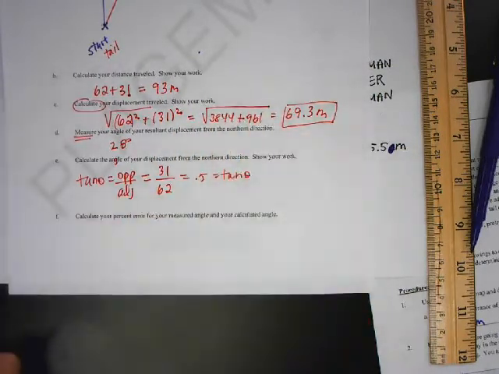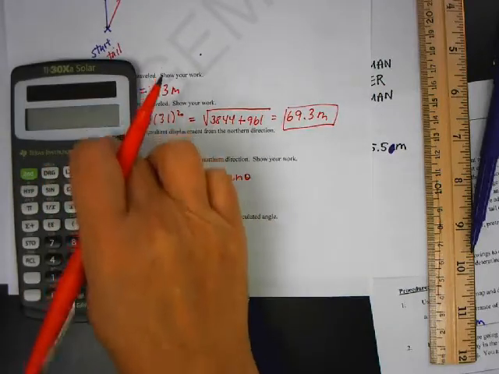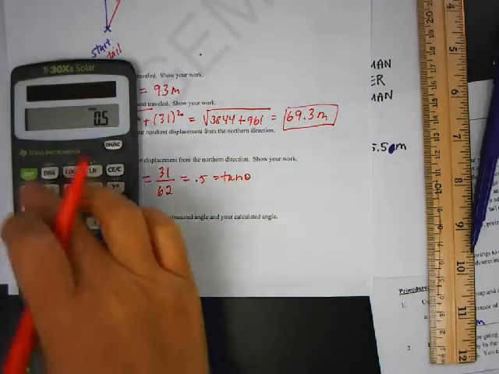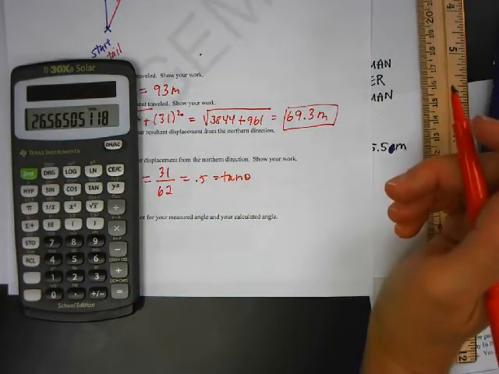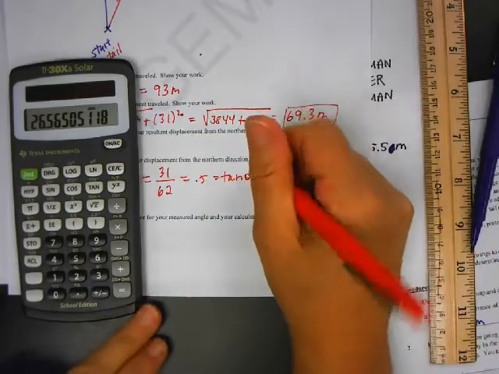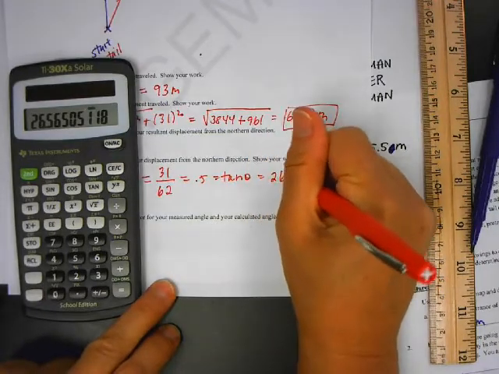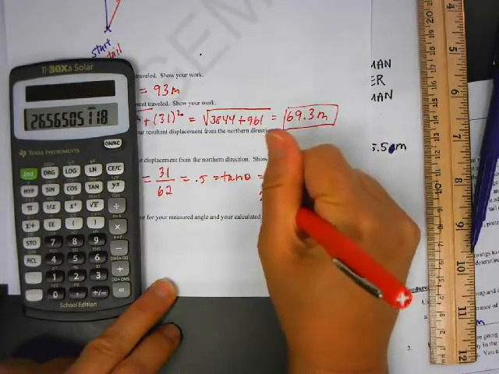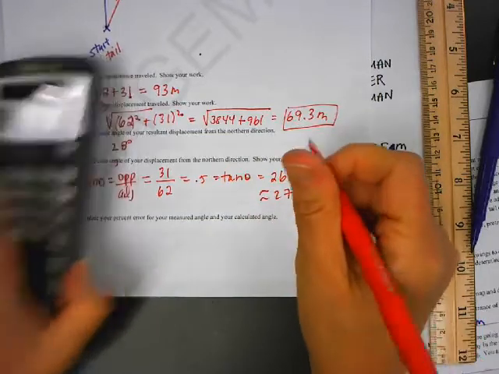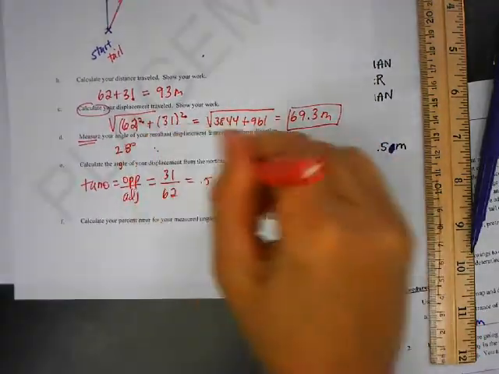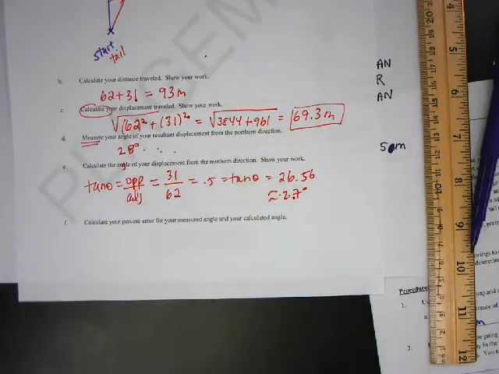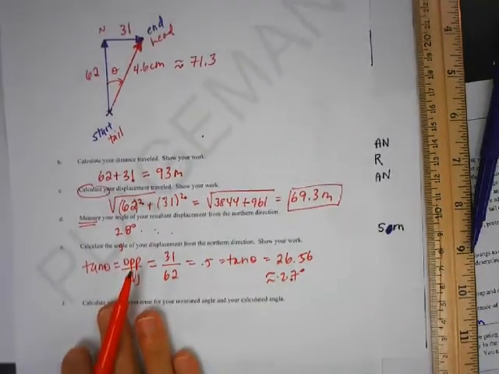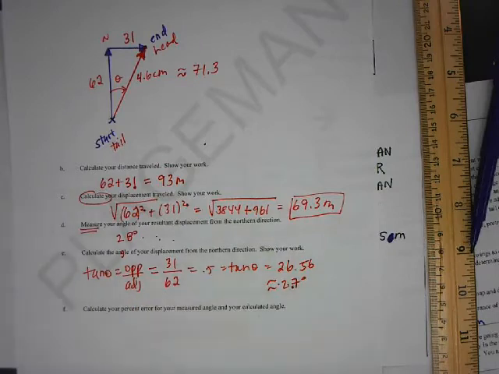So on my calculator, 0.5, second tan, and that comes out to be 26.56. So we'll say about 27 degrees. You see here, I'm very close in my calculated value to my measured value. This is just showing you how to do it, and then you're going to do your percent error.